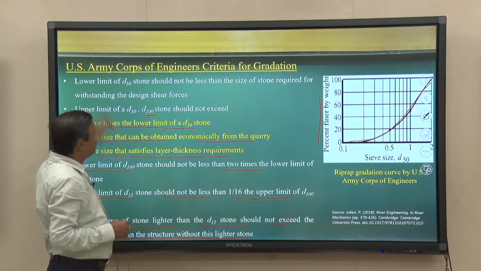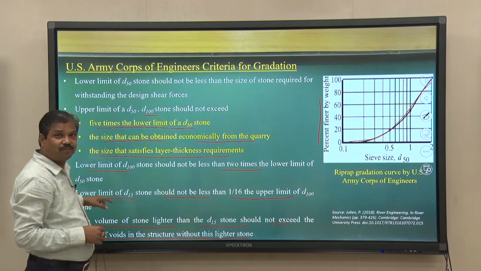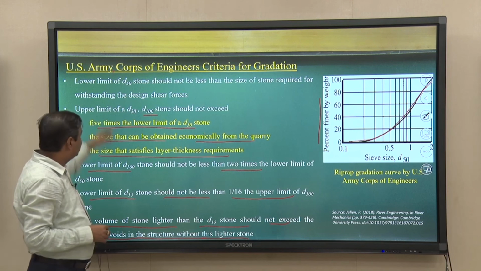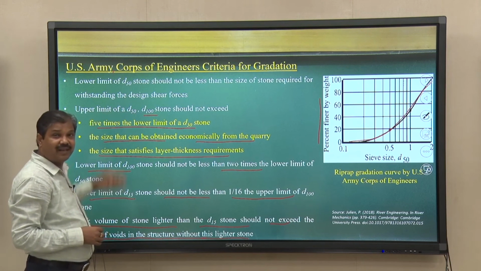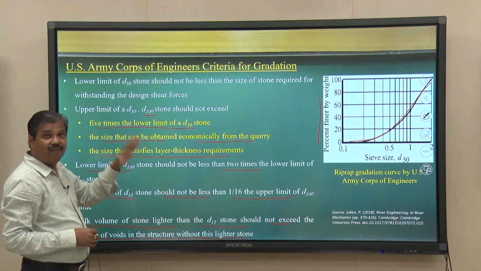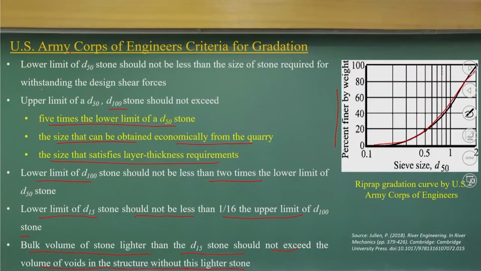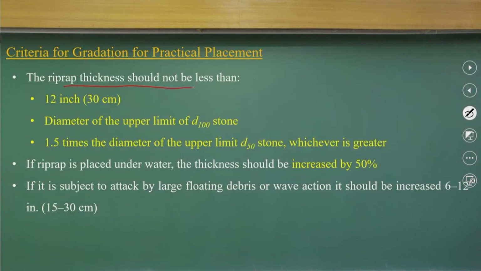The US Army Corps of Engineers have followed these guidelines. Just follow the guidelines, because that is the advantage for the stability of stone riprap. Those are the upper limits, lower limits, and design guidelines they have prepared. In that way, they also have gradations.